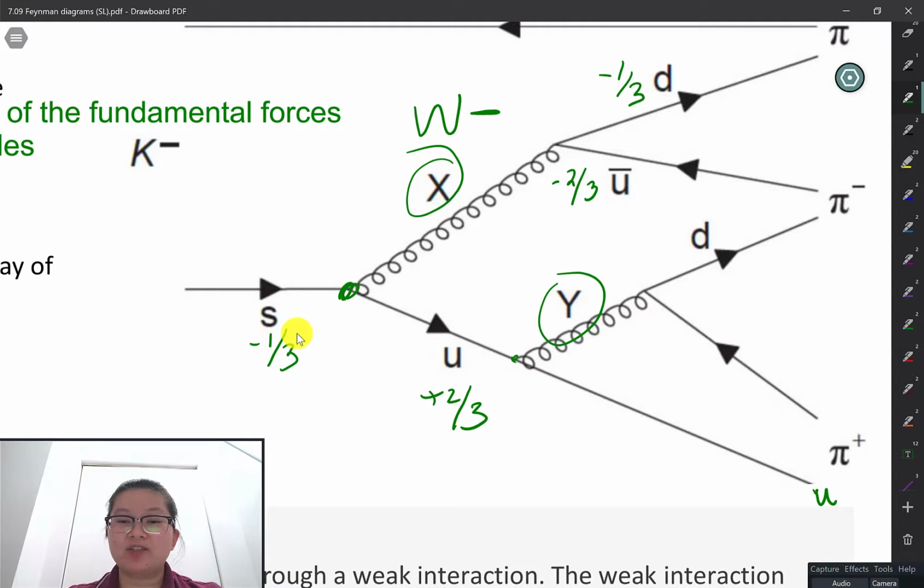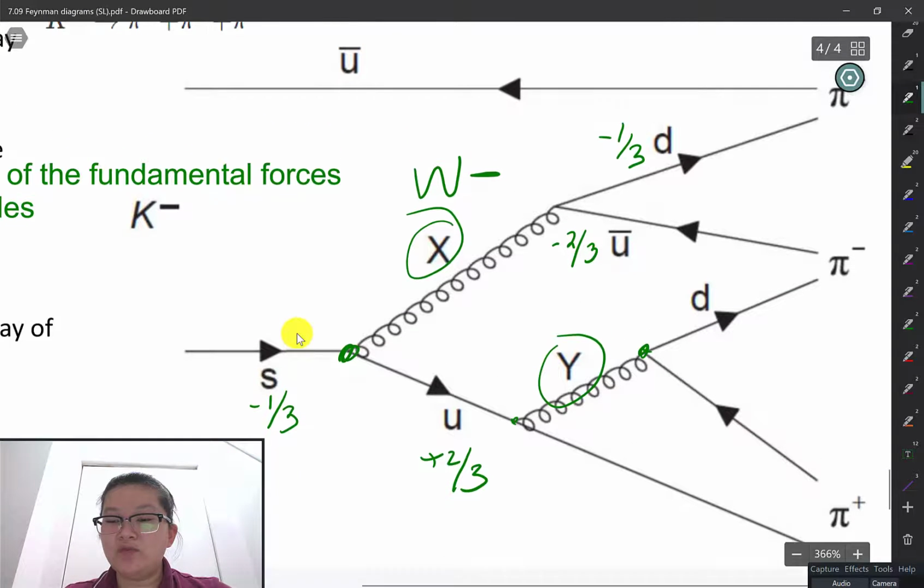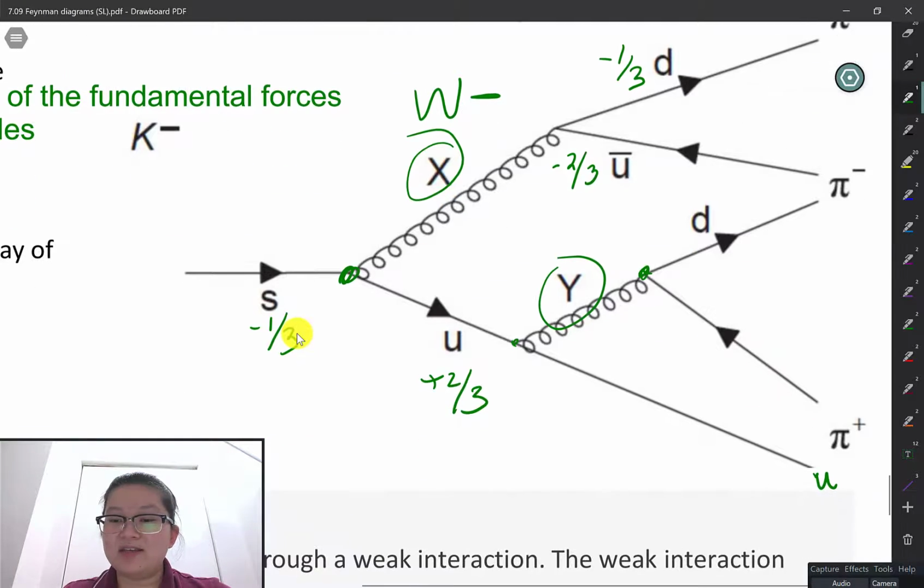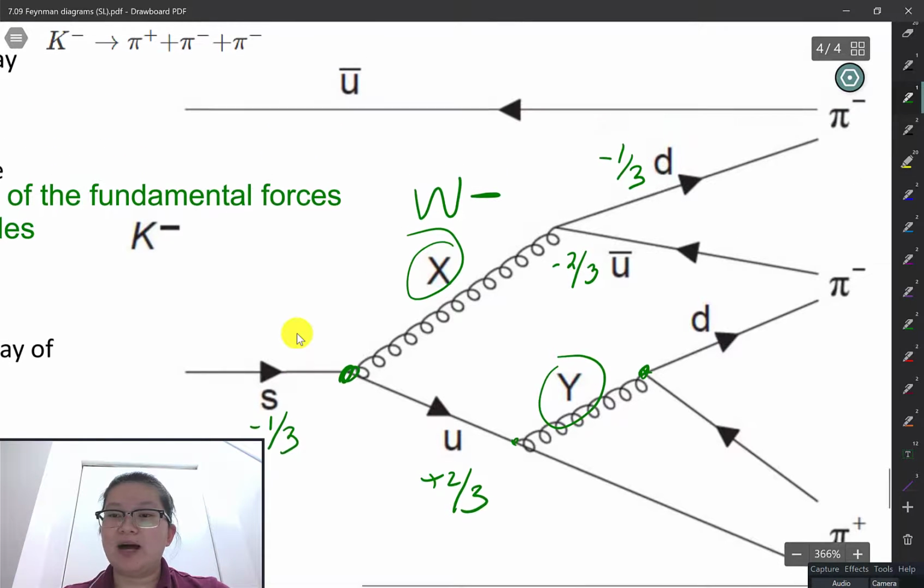There's a bunch of exchange particles that don't have a net charge. So let's see what we got left over here. Here we have a down quark leaving this junction, and we don't know what this one here is. But we could figure that out by the fact that this is a plus pion, this is a negative pion, and usually the antiparticle is made up of the opposite particles.